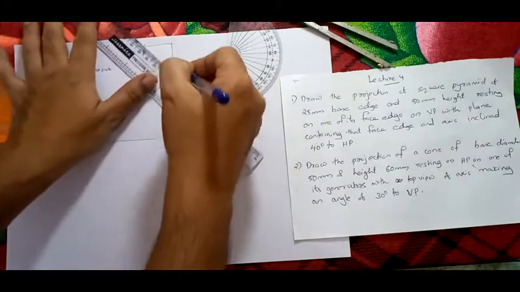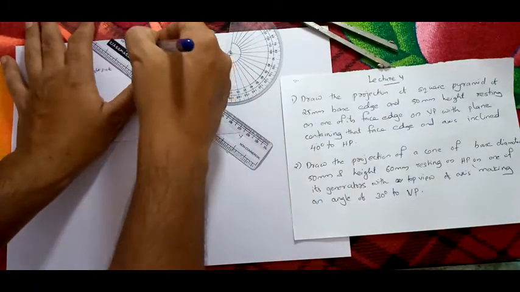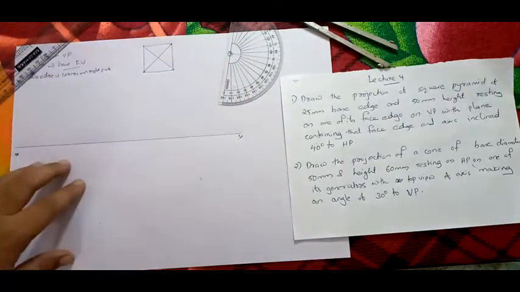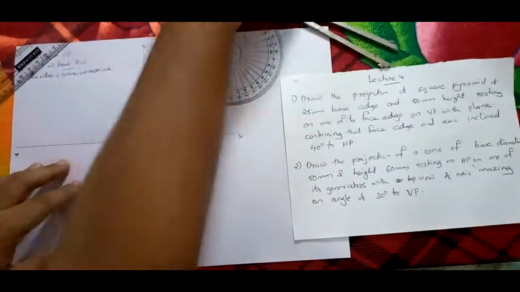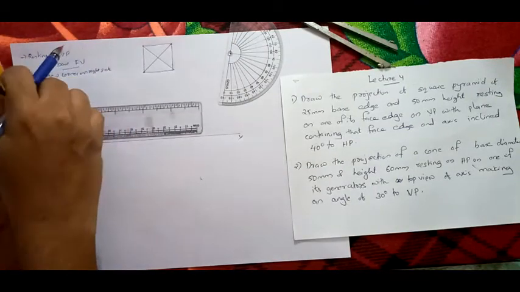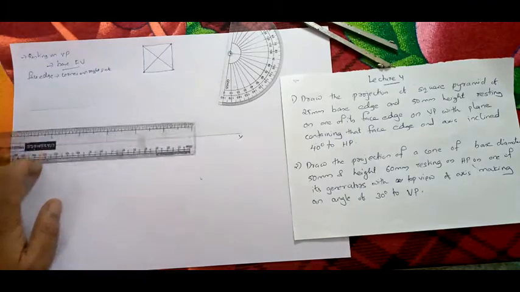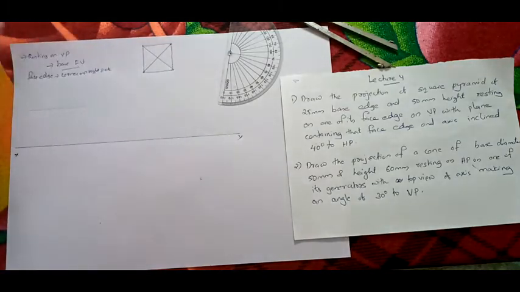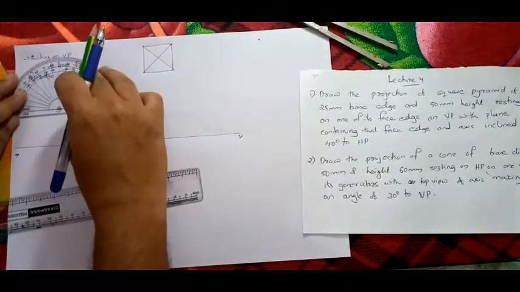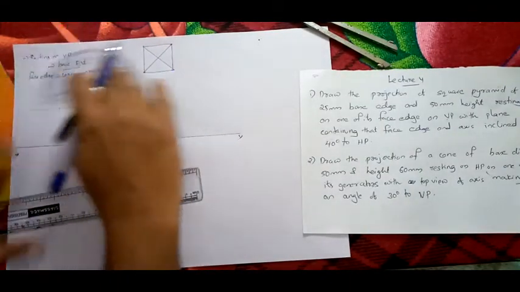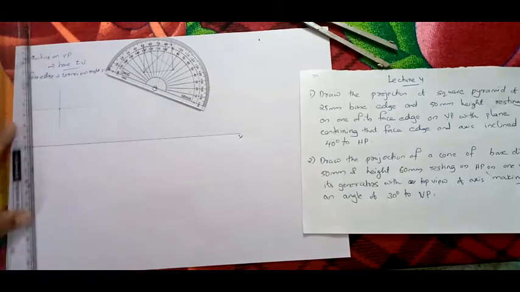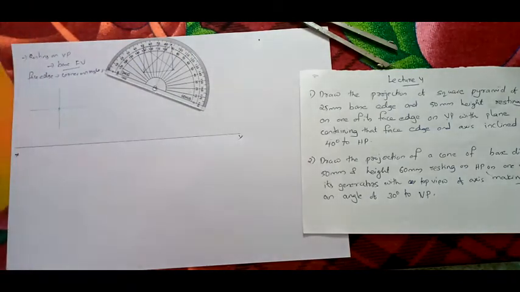Now what you are going to do is find the diagonals. First, I will draw a line parallel to the XY line, a light line in pencil, parallel to the XY line. You can draw it with a roller scale. Now take a point, take 90 degrees, and draw a line perpendicular to that line. So we have drawn two perpendicular lines. One is parallel to the XY line, the other is perpendicular to the XY line.